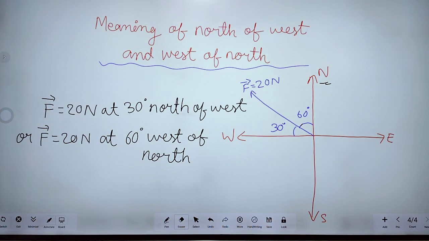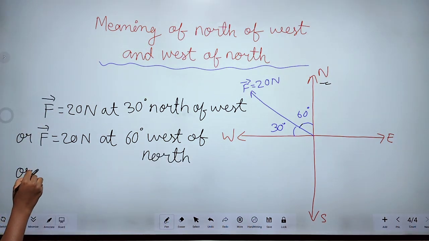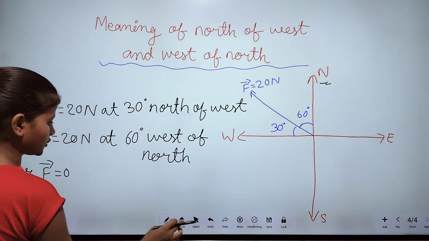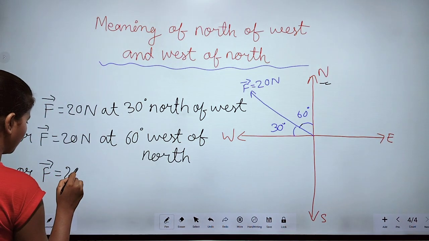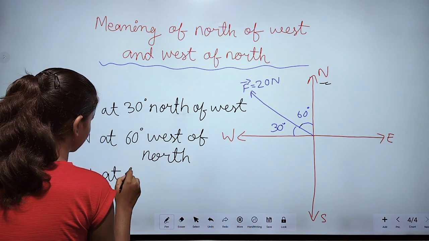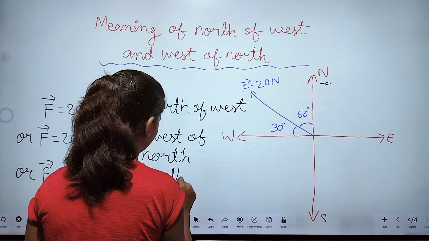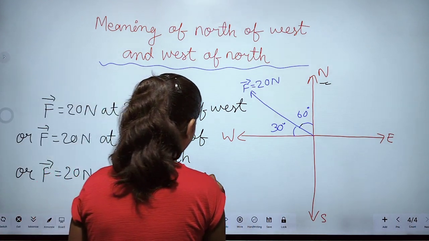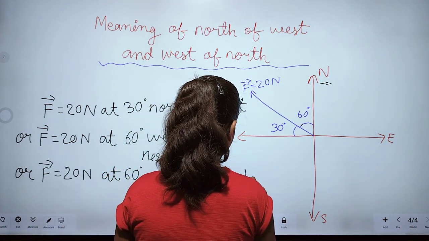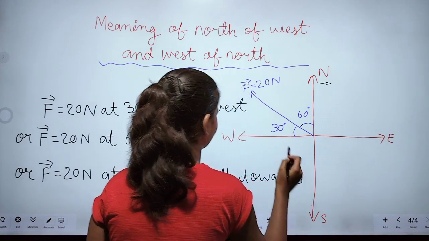Or you can also write like this: force is equal to 20 Newton at 60 degree with north towards west.